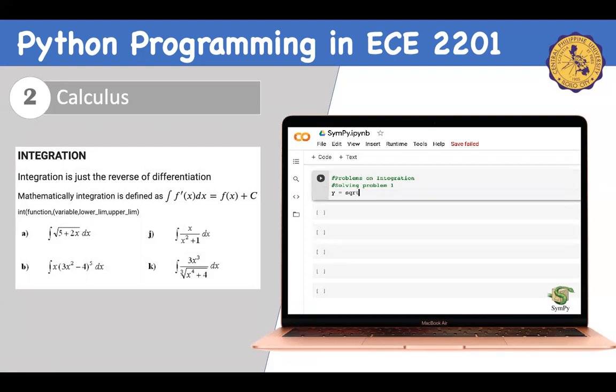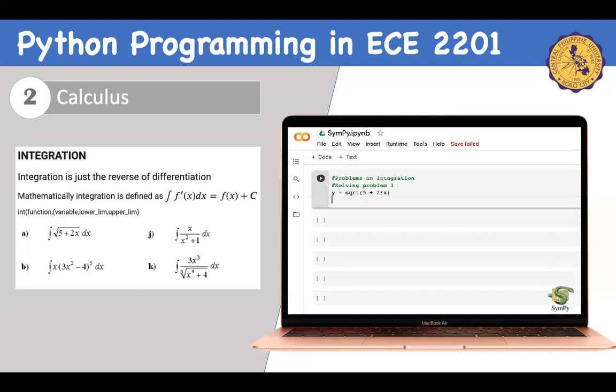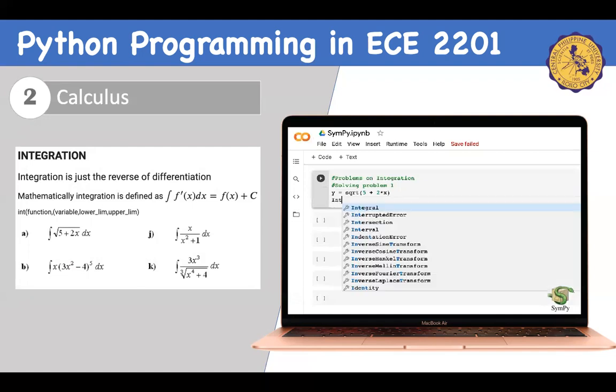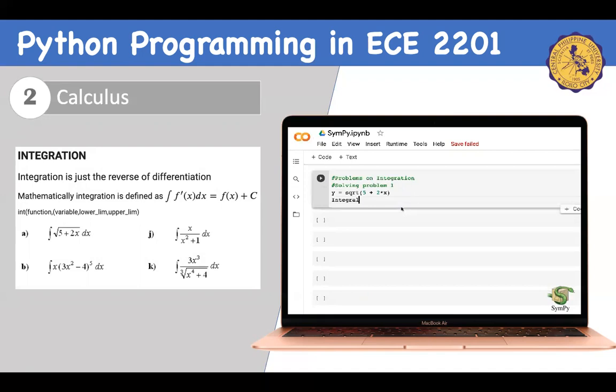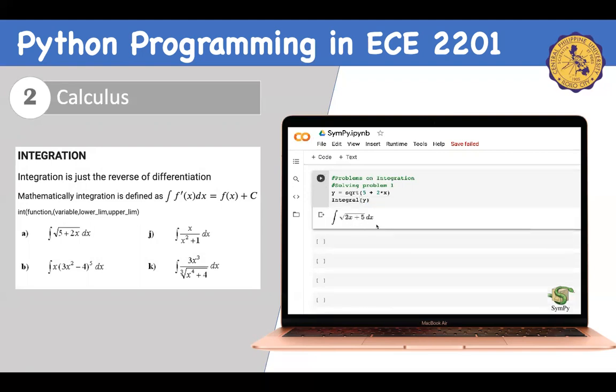So in this case, we will be using integrate. So first we will write the function y equals square root of 5 plus 2x. And then we are going to display the integral of y. So this is now the integral of square root of 2x plus 5 dx.